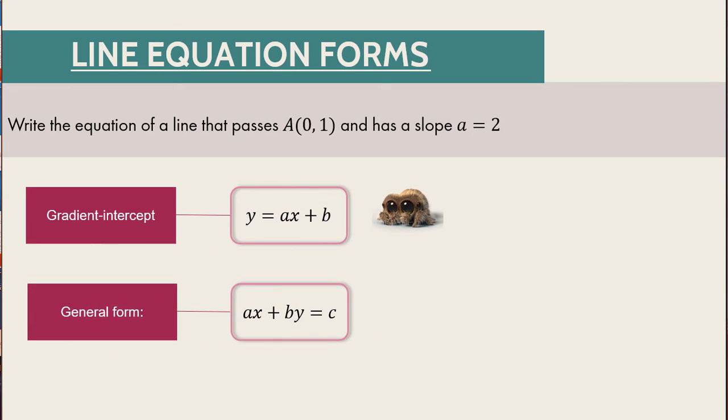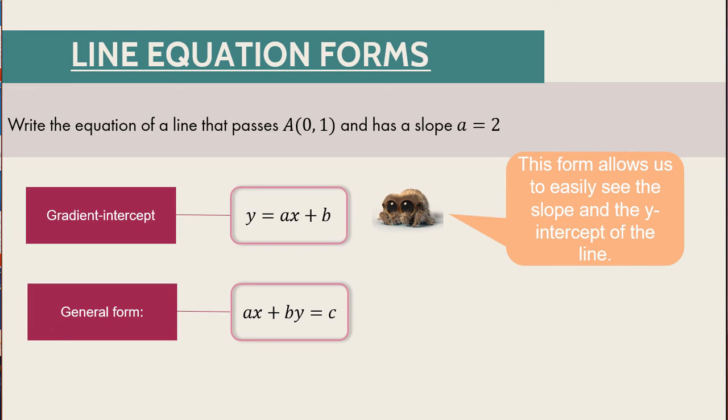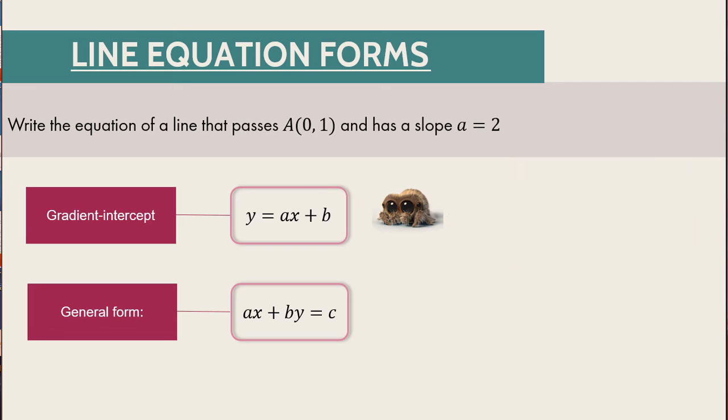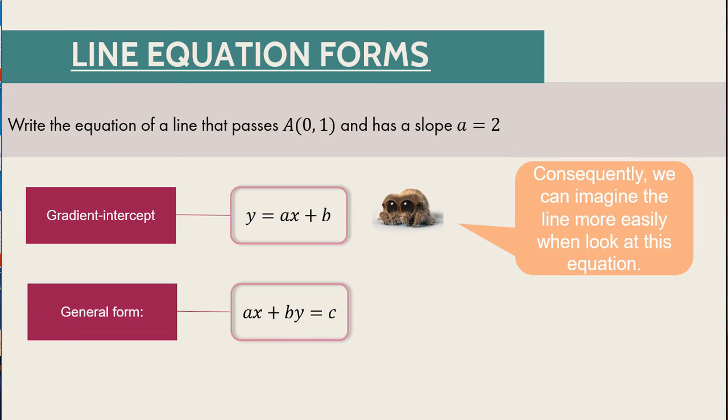Now begin with the gradient intercept form. This form allows us to easily see the slope and the y-intercept of the line. And because of that, we can imagine the line more easily when looking at this equation. If I give you an equation in gradient intercept form, then you can picture it based on the slope, steep or not so steep, or you can know the y-intercept.